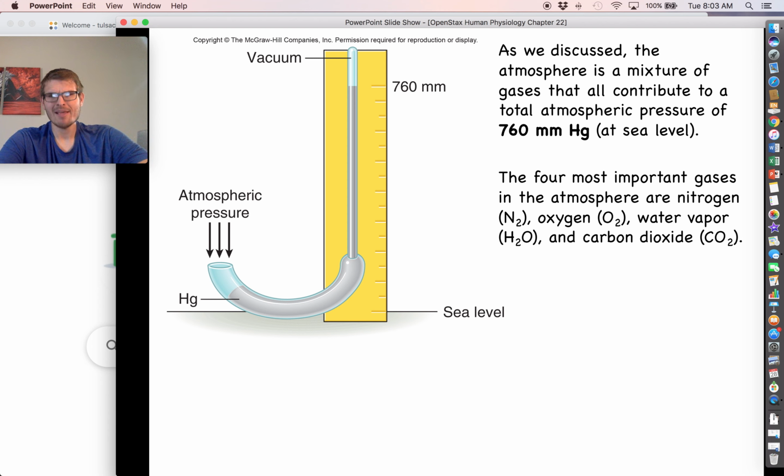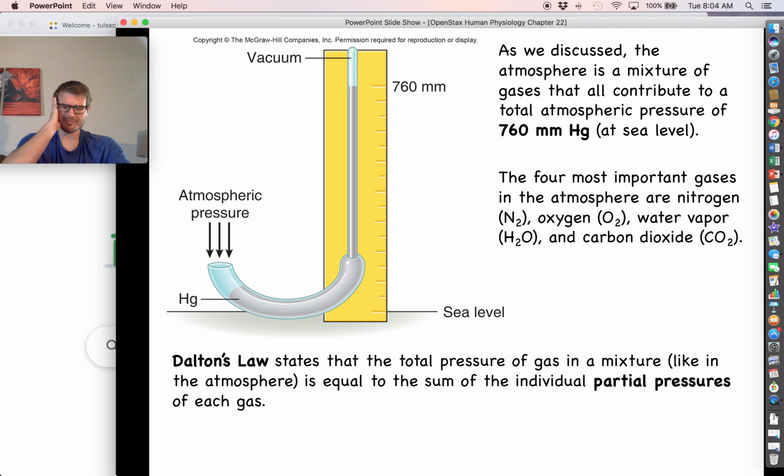Nitrogen, not because it's physiologically relevant, it's just hard to ignore the gas that makes up almost 80% of the atmosphere. Oxygen, which is 21%. Water vapor, which tends to vary depending on the humidity outside. And then carbon dioxide, which again is not very prevalent in the atmospheric air, but because of its immense importance in physiology, we want to be aware of it as well.